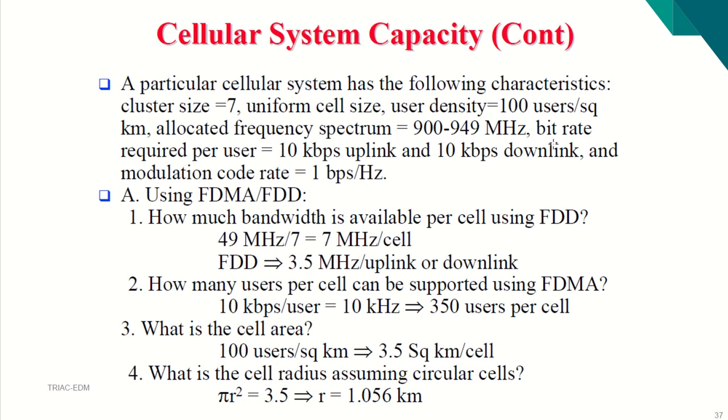And then the bit rate required per user is 10 kbps. As you may recall, 10 kbps is the conventional rate for voice communications for uplink and 10 kbps for downlink, and the modulation code rate is 1 bps per hertz.